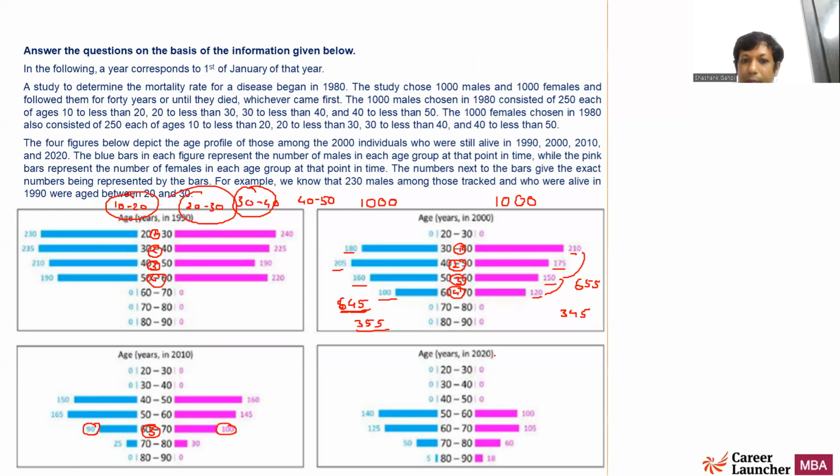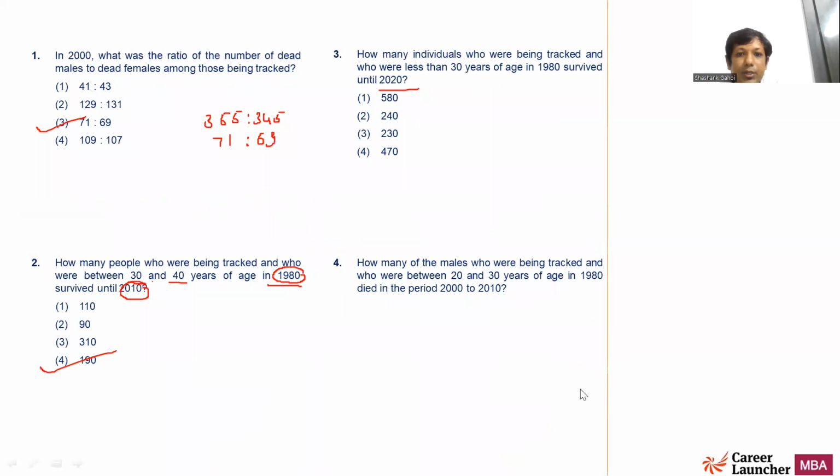So how many people survived in that age group? That is 140, 125, 100 and 105. So this comes out to be 265 plus 205, so this comes out to be 470. So that is 470.